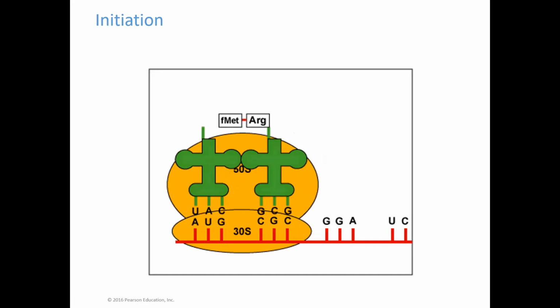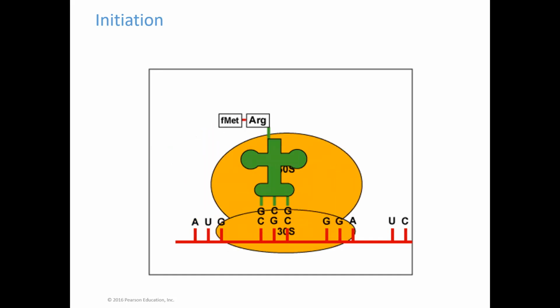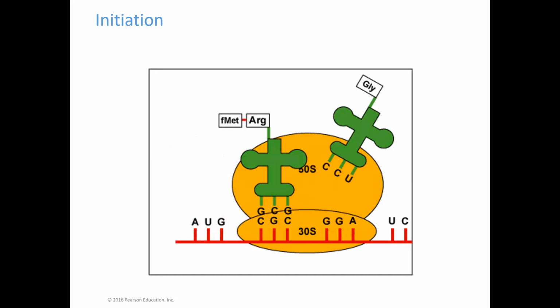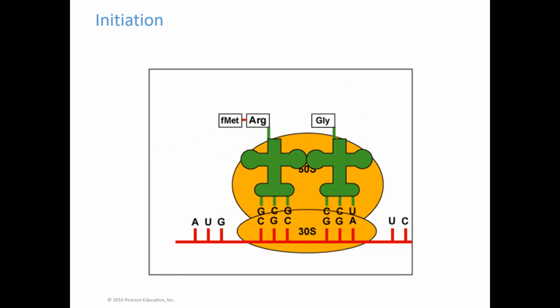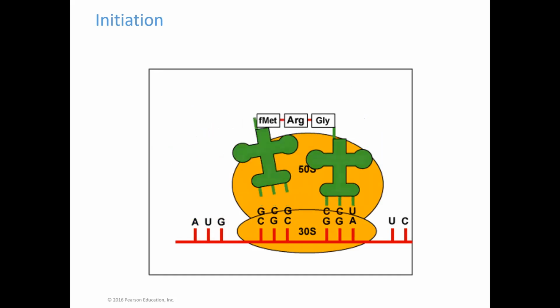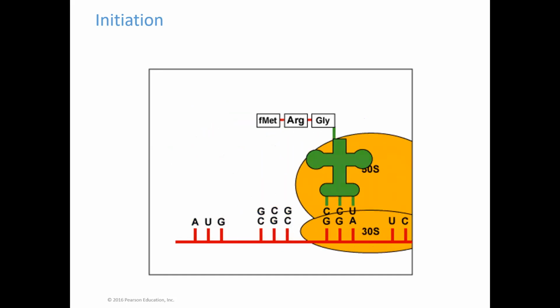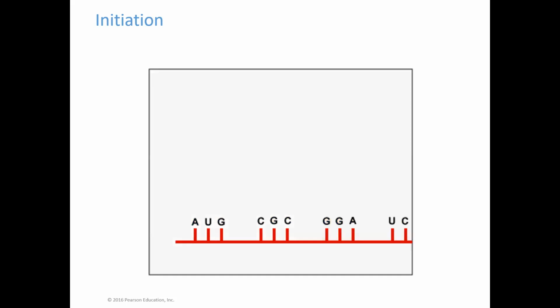And so the methionine binds to the codon, and a second transfer RNA comes in and binds to the second codon. Its anticodon is the complement to the codon. Then a third one will come in, and it's all specified by the order of these triplets on the messenger RNA.